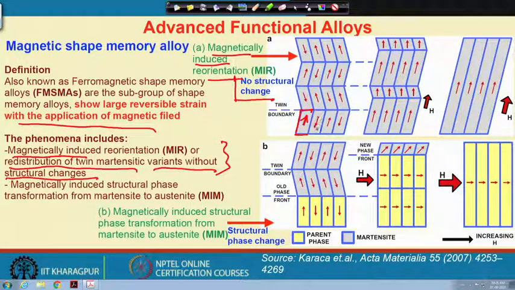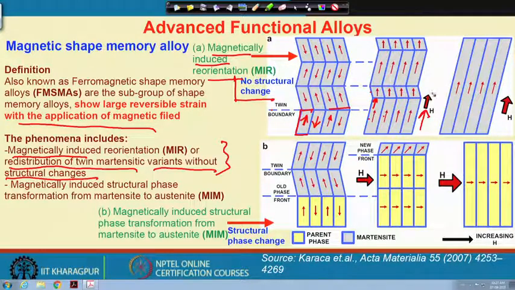We have another type of twin, opposite in nature, and these are the twin boundaries. So, this is twin type 2 and this is twin type 1. Now, we apply a magnetic field and one type of twin aligns along the direction of the magnetic field, and it grows at the expense of the other twin variant.